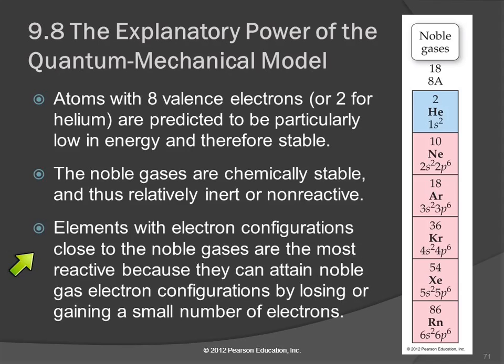What we find is that elements that have electron configurations that are close to the noble gases are the most reactive because they can get to a noble gas configuration by gaining or losing a small number of electrons. So here's another analogy from chemistry land. In chemistry land, these are the cool kids from high school, the ones that everyone wanted to be like.